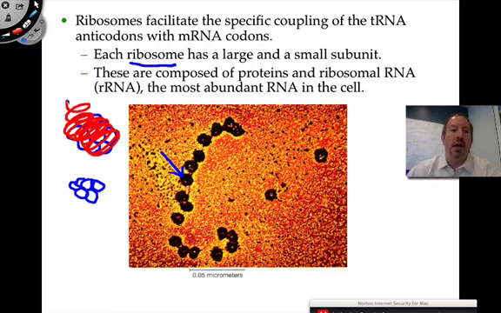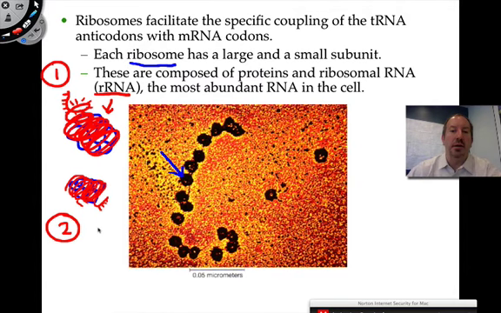So rRNA is RNA, single-stranded polynucleotide, but it doesn't carry the genetic code. It makes up the structure that is a ribosome. So this is one kind of RNA that makes up the ribosome. The other RNA that I was talking about just a moment ago is transfer RNA.